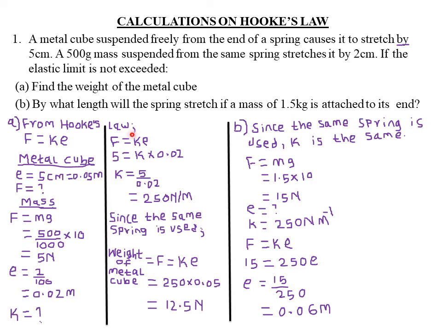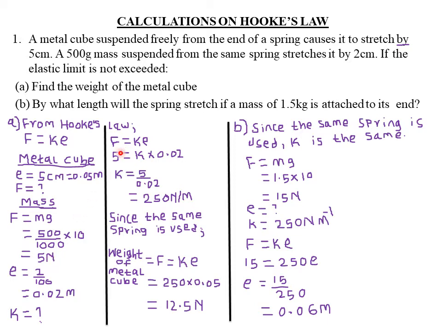From Hooke's law, we know that force is equal to Ke. The force is the force due to the mass, that is the weight of the mass. We have already calculated the weight of the mass as 5 Newton, the force exerted on that particular spring.